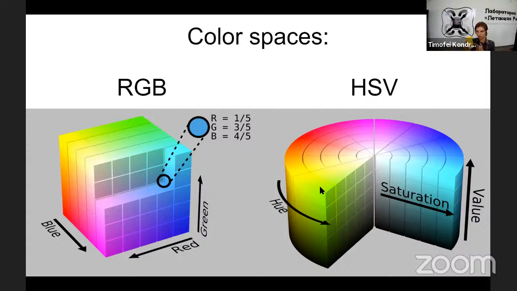If I want to find this orange, I need to be able to detect all the different shades of this orange. And the hue of them will not be very different. So maybe from here to here.